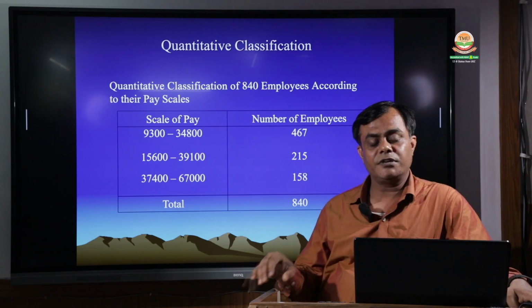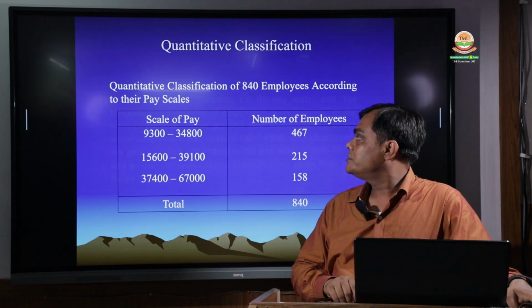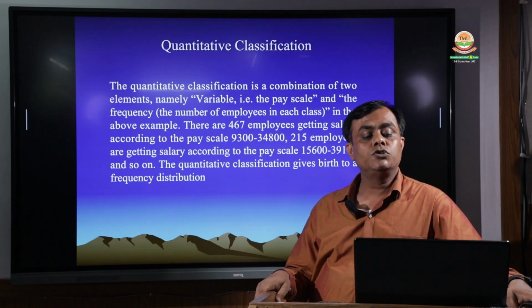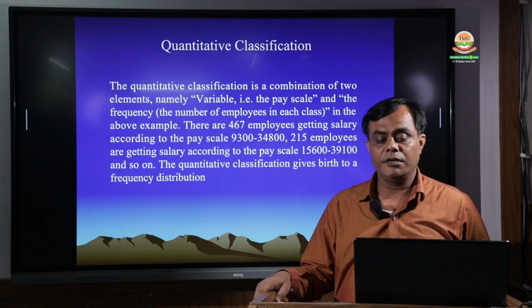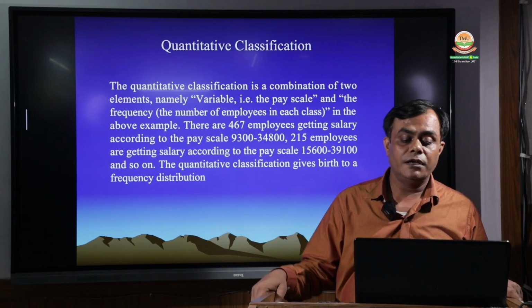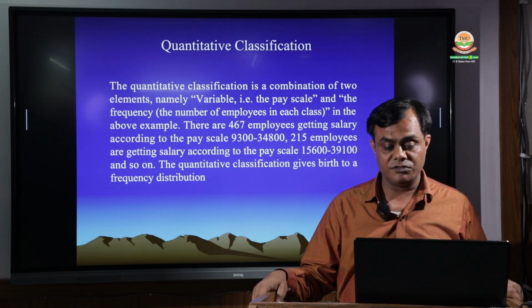Quantitative data classification is a combination of two elements, namely the variable and the frequency. Here the variable is the pay scale, and the second one is the frequency.